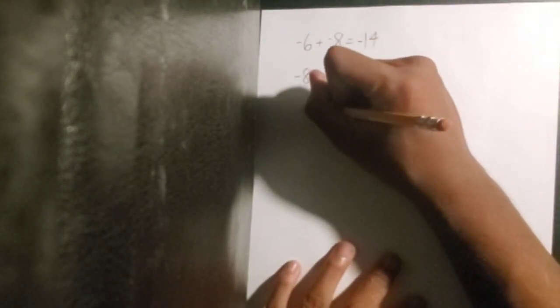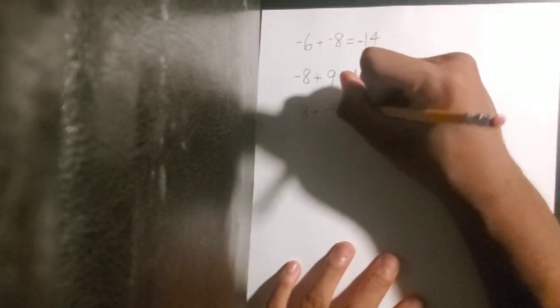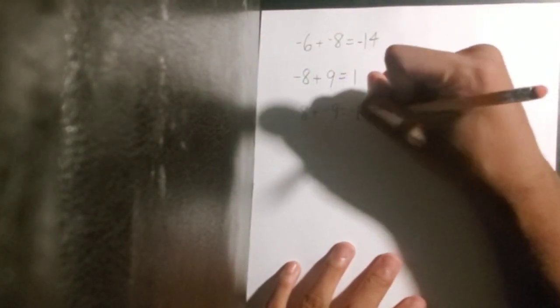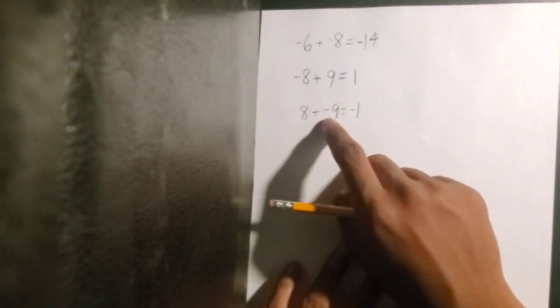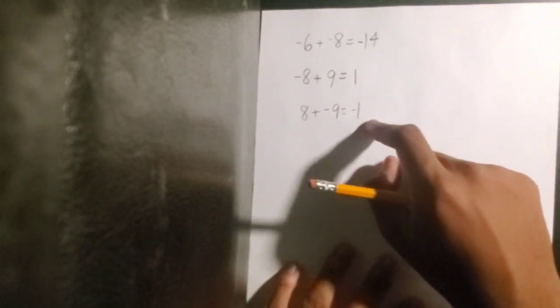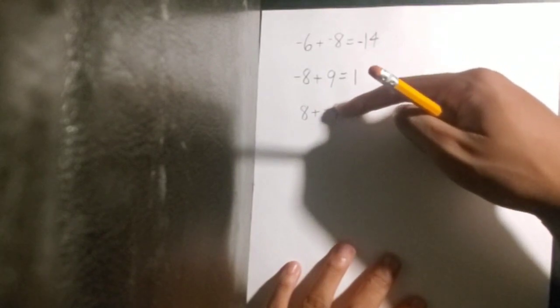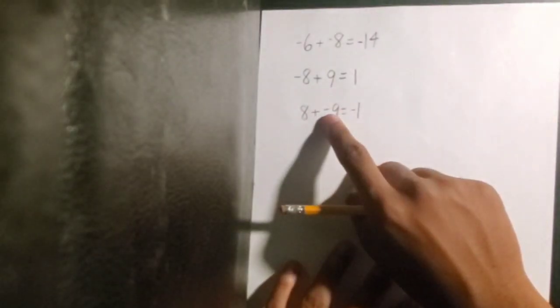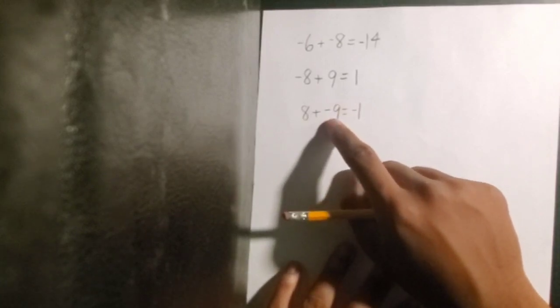And also, here's another one. 8 plus negative 9 equals negative 1. So you see now 9 is the higher one, and I put the negative sign to show you that the 9 is the highest because it has a negative.